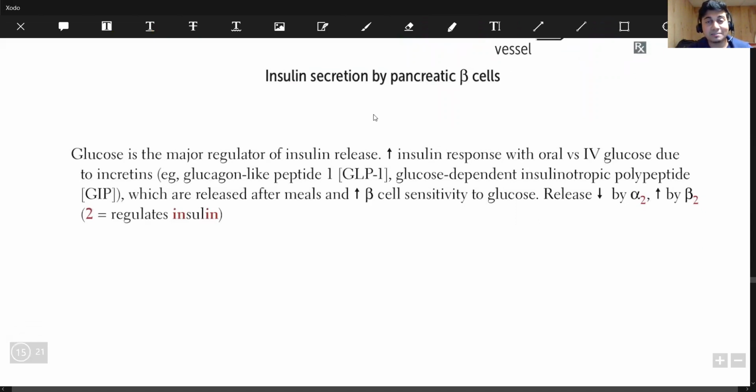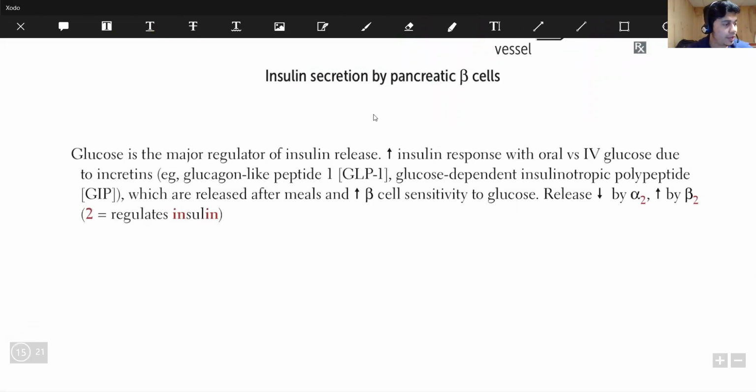Now, our sympathetic nervous system also helps regulate insulin release. We know that catecholamines work on different receptors. If the catecholamine works on the alpha-2 receptor on the beta cell, it will lead to a decrease in insulin production. And if it works on the beta-2 receptor, it increases insulin release.